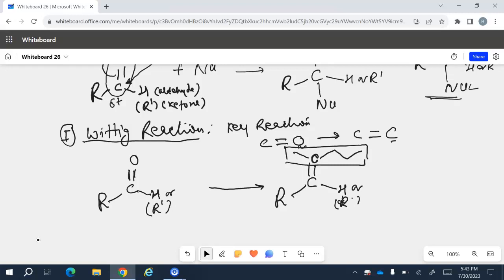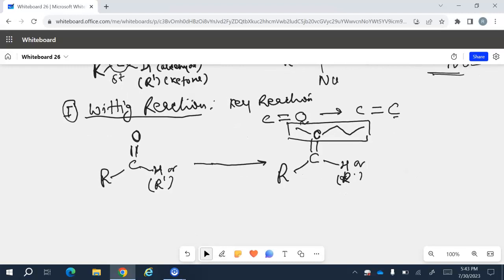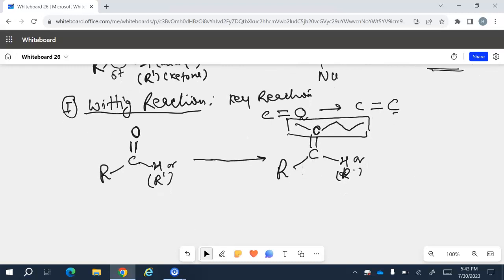This is what we call the Wittig reaction. So double bond O is replaced by double bond C with two groups on the carbon. Now, in order to achieve this, again, as I said previously, we need what we call a phosphorus ylide. So how does it look? We will be discussing that in detail in this reaction here.